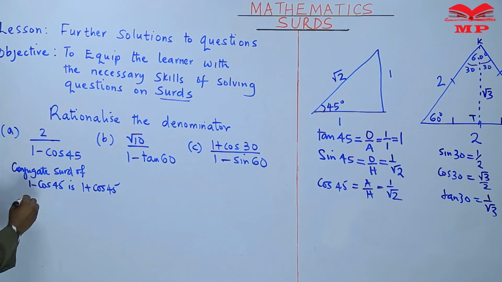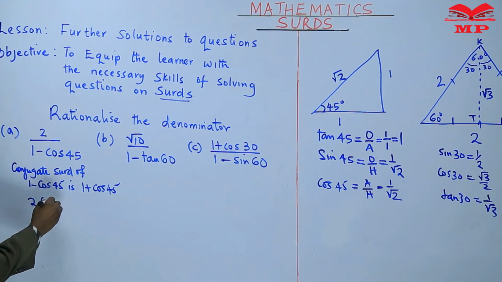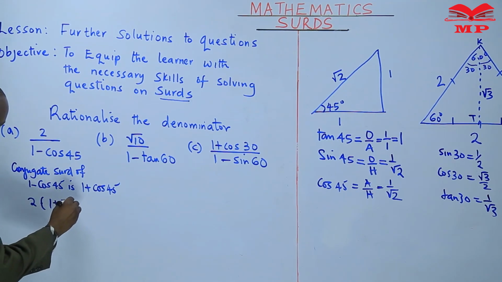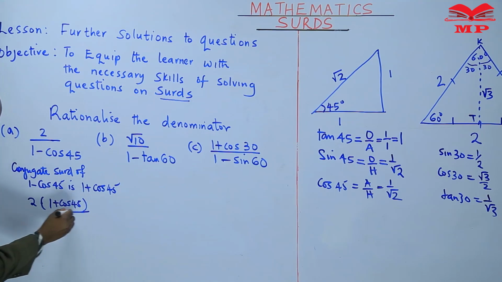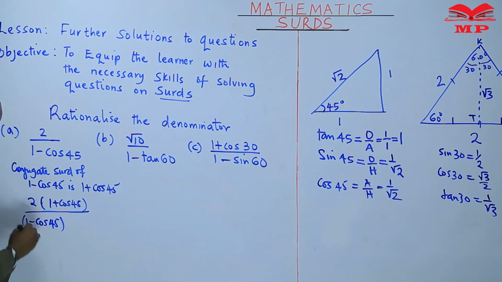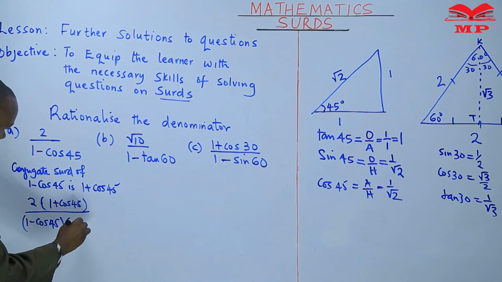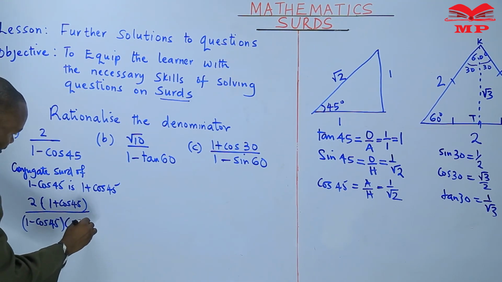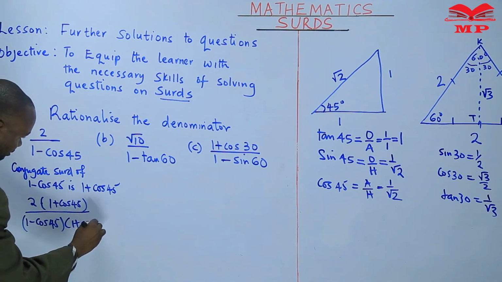So this comes to 2 times (1 plus cosine 45) over (1 minus cosine 45), close brackets, times (1 plus cosine 45).